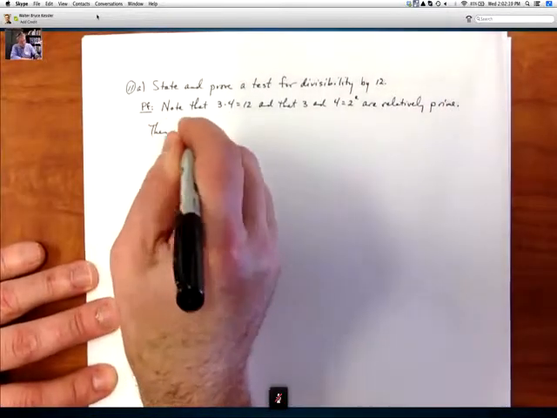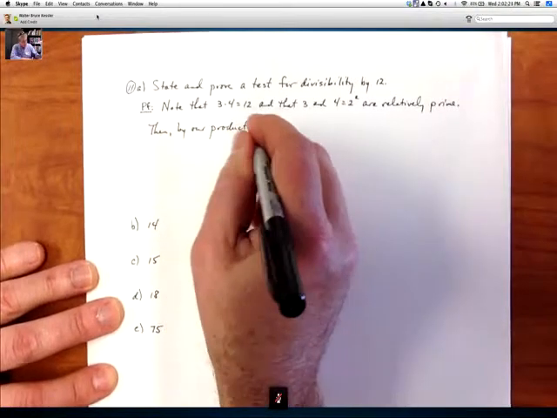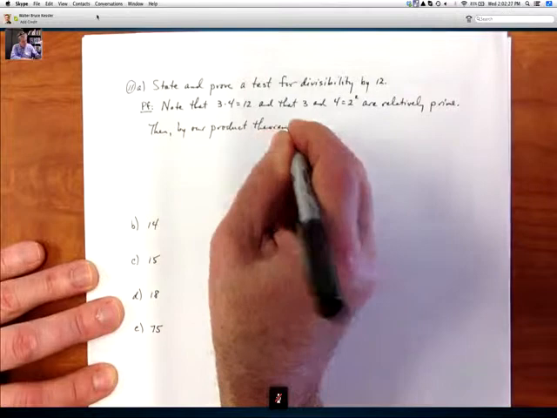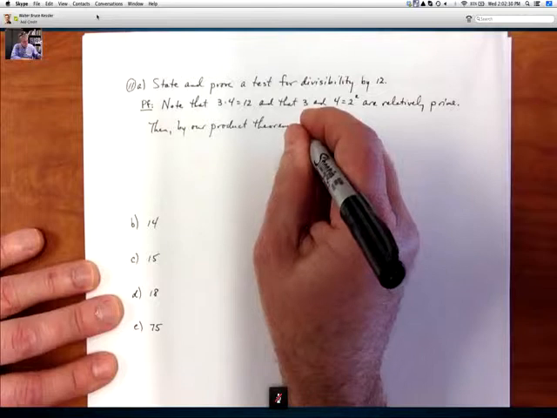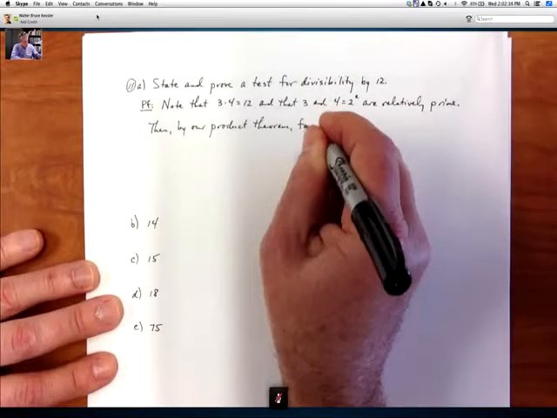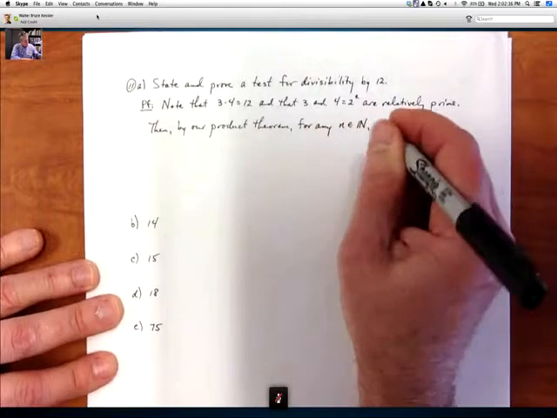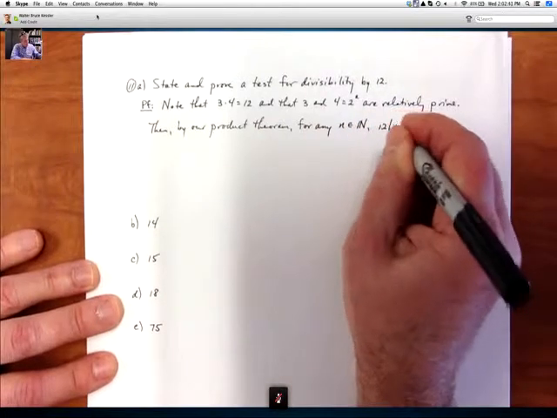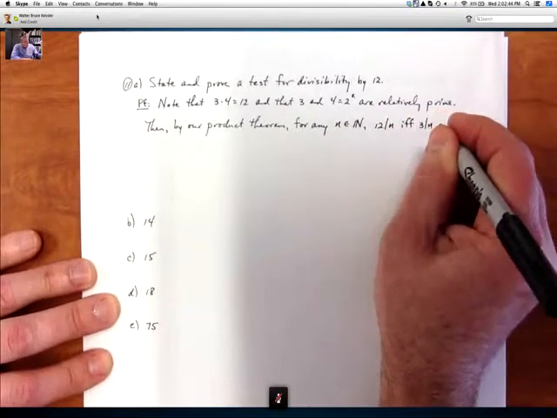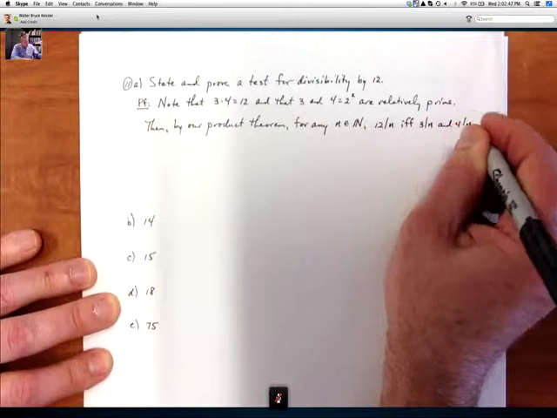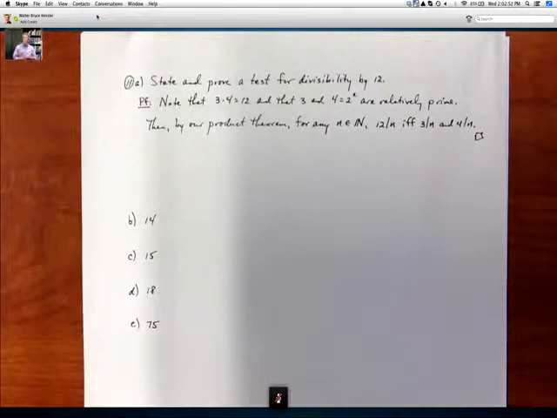Then, by our product theorem, for any natural number n, 12 will divide n if and only if 3 divides n and 4 divides n. And you're done.